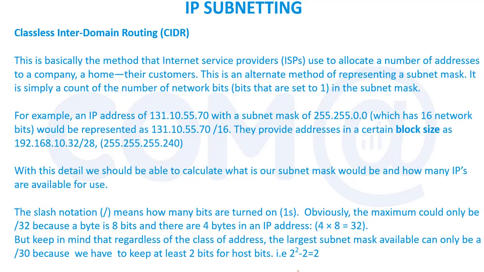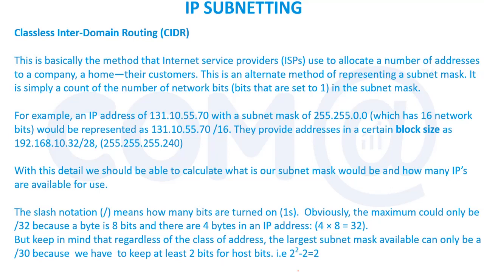So /16 will be like 255.255.0.0, because the network portion is a 16-bit portion, and for all the network portions, it is given as CIDR notation. It will be easy for us to represent in diagrams, in calculations, or in the connection orientation also.